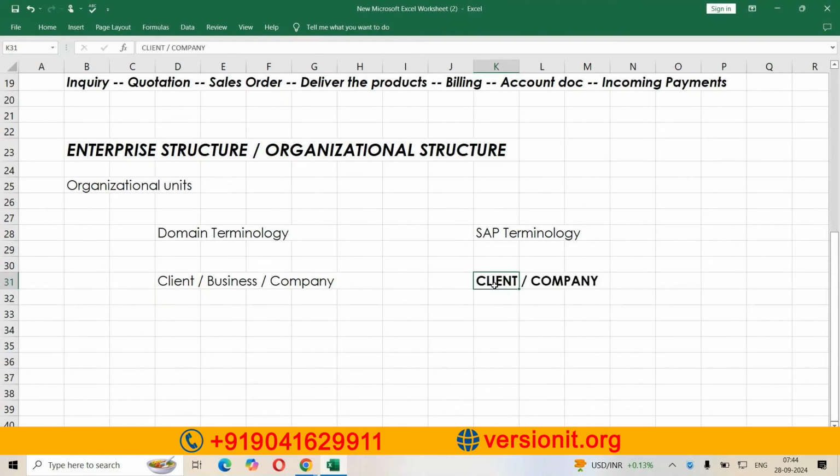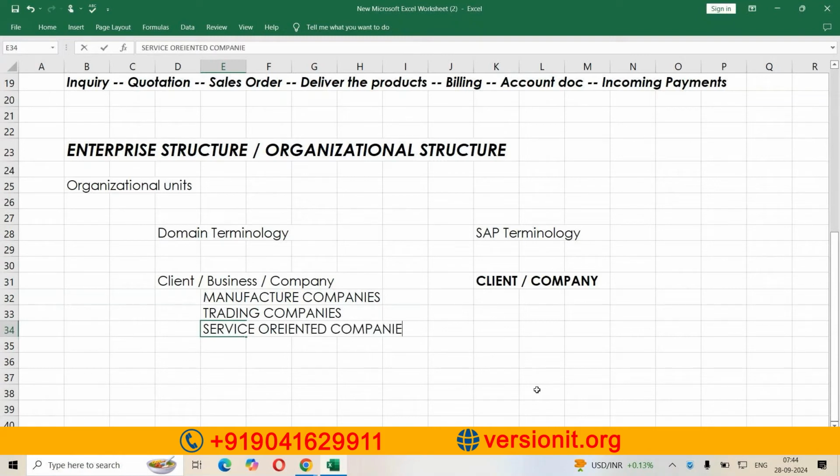There are a lot of manufacturing companies, trading companies, and service-oriented companies which are using the SAP application for their business.